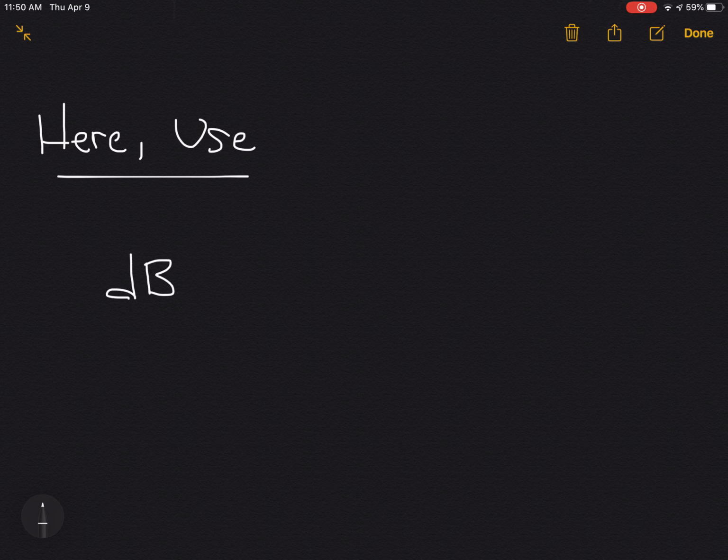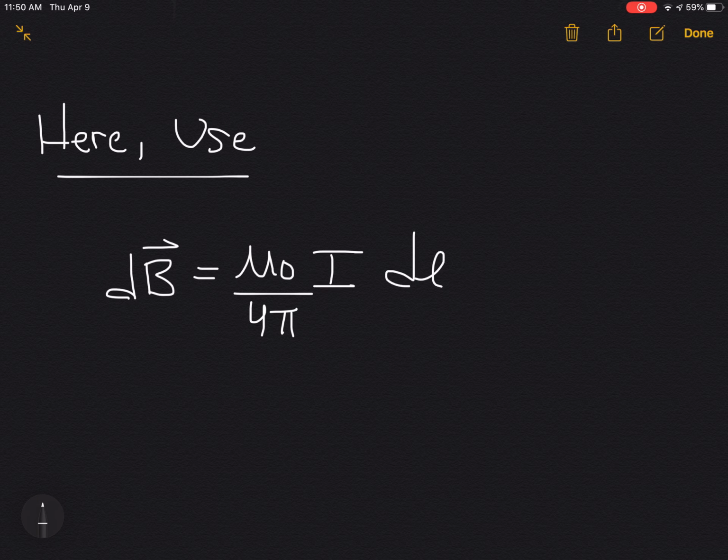You take a little increment of magnetic field, which is going to be created by mu naught over 4 pi, those are the prefixes, times the current in that segment, and then dl cross r hat over r squared. Now, what is r hat?